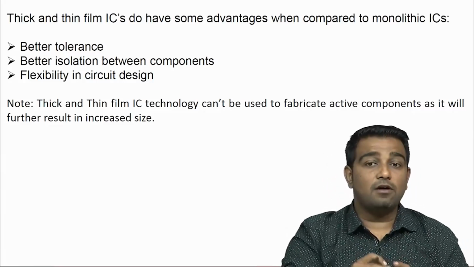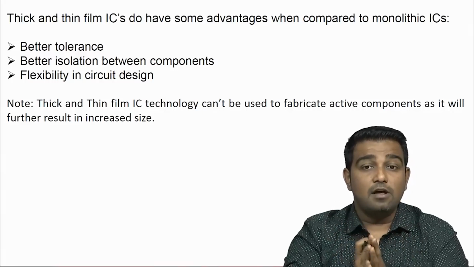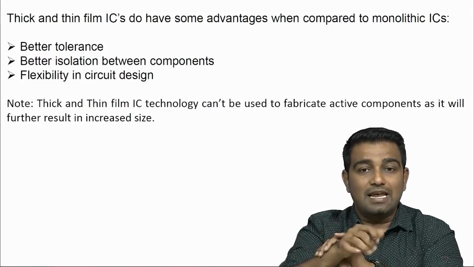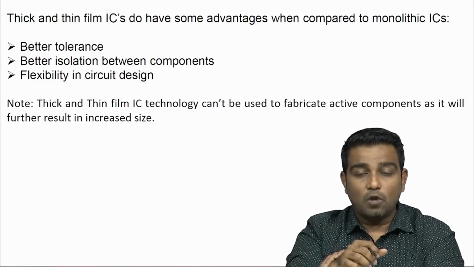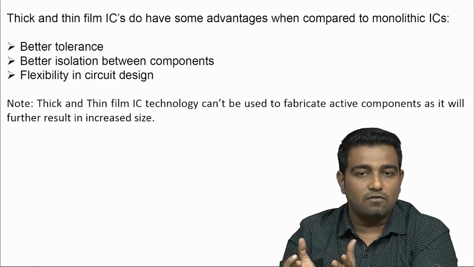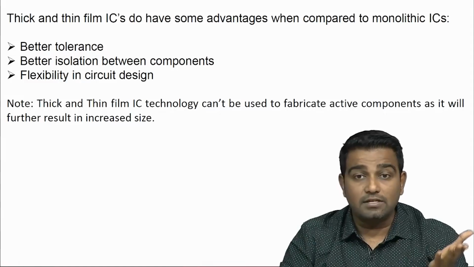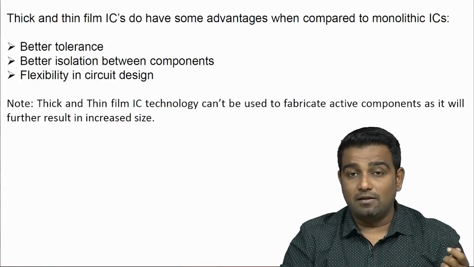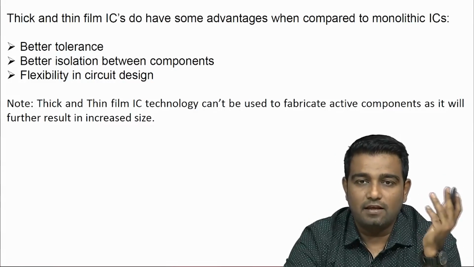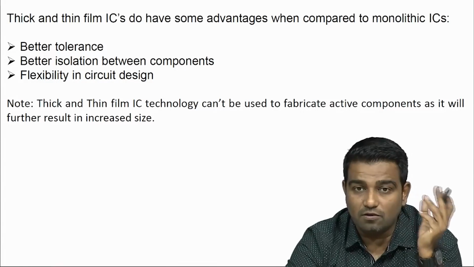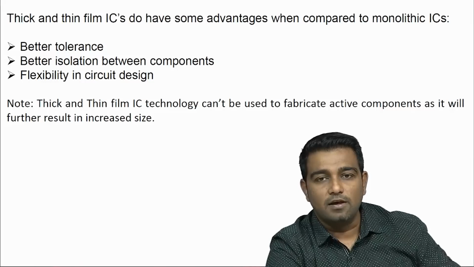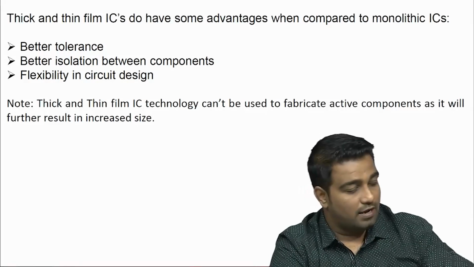If you have touch sensors, tactile sensors, force sensors and you want to wrap them on your skin, or use that array of sensors as an electronic skin, then it should be flexible. This flexibility can be obtained using thick and thin film IC technology, while in case of monolithic it is not possible. So, these are the advantages of thin and thick film technology over monolithic ICs.